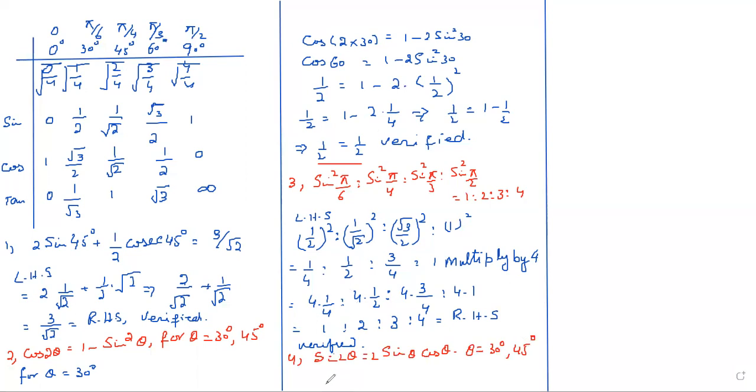Okay, we'll do here. So now taking left hand side first. Sine 2 theta equals sine 2 times 30, equals sine 60, and sine 60 is root 3 over 2.